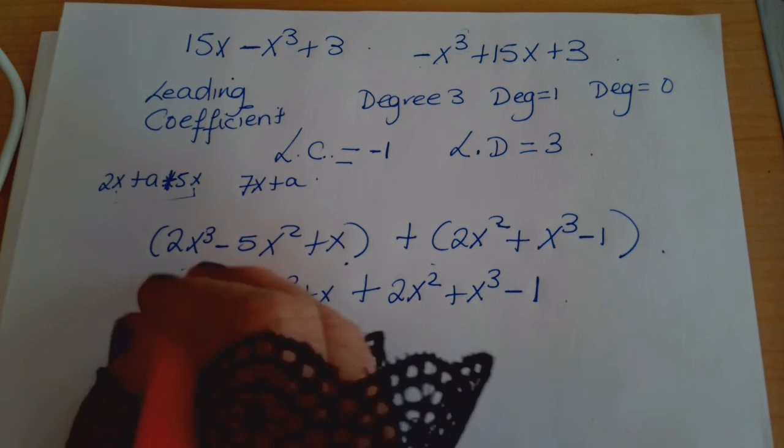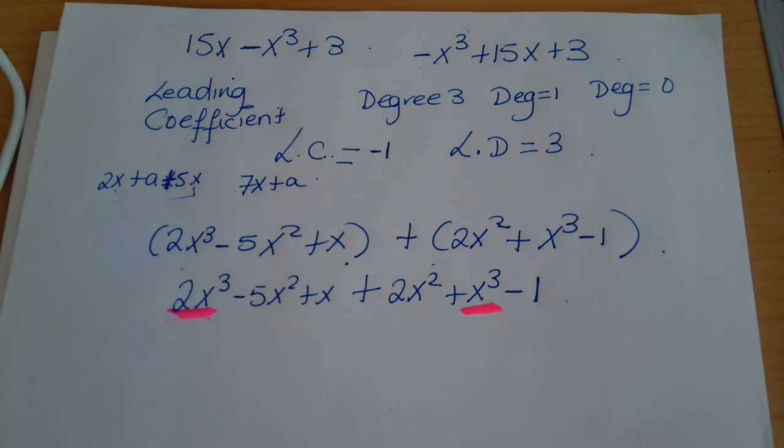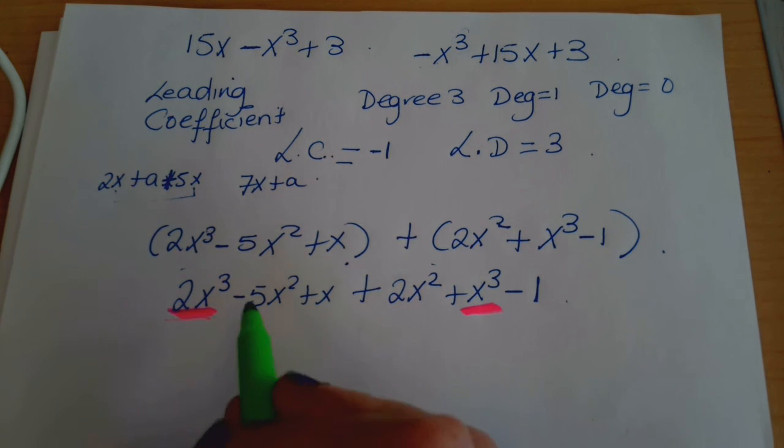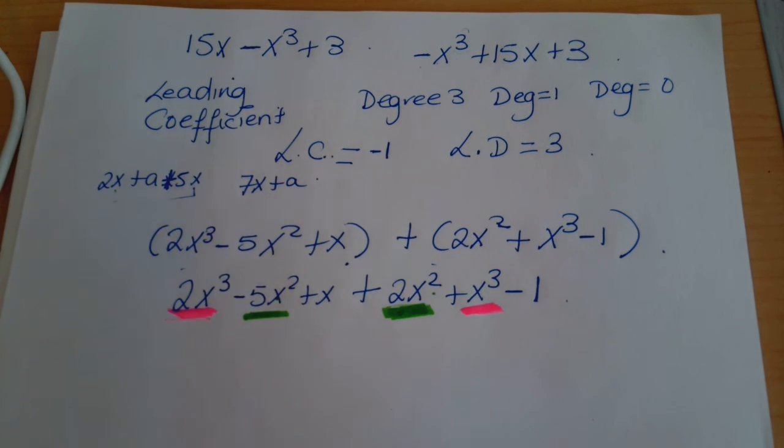So this and this are the same. They're both x cubes. I may use green to highlight anything else that's the same. I've got squared and squared. So those are the same. And then I have an x by itself and a minus 1 by itself. So now you add them together.